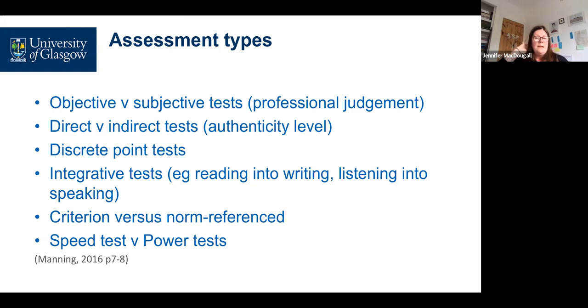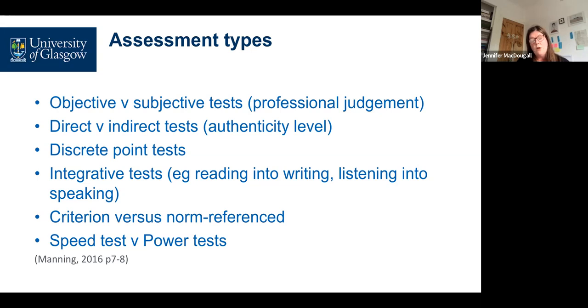What we're seeing a lot more of, certainly in EAP, and I think with some of the major exam boards, is integrative tests, where more than one skill is being assessed at the same time.